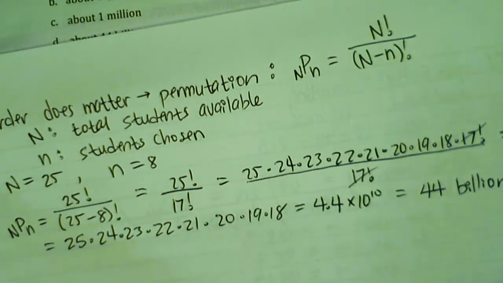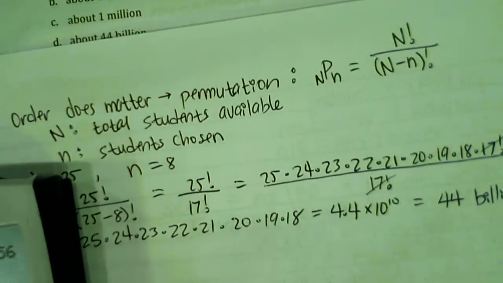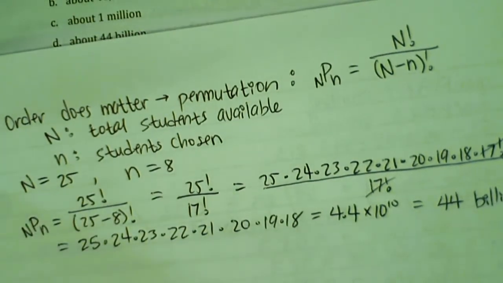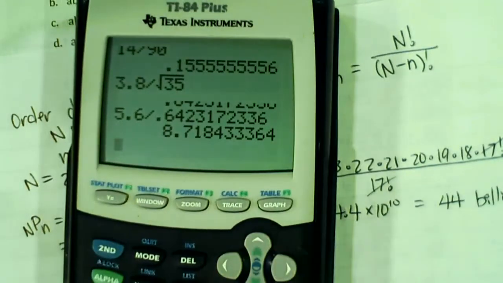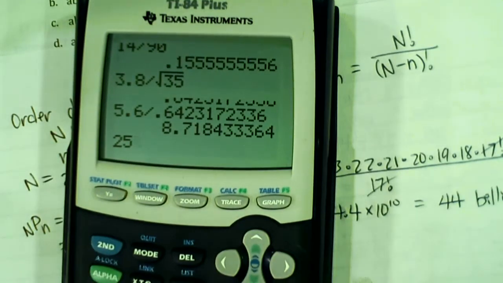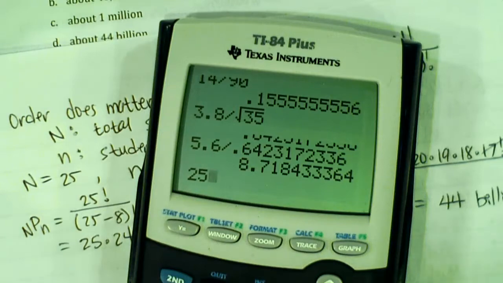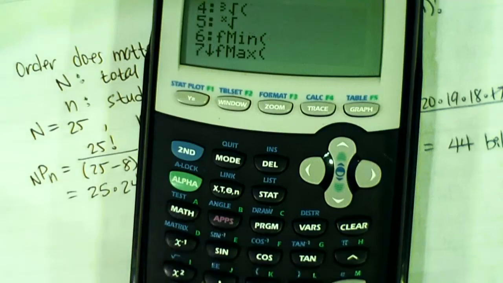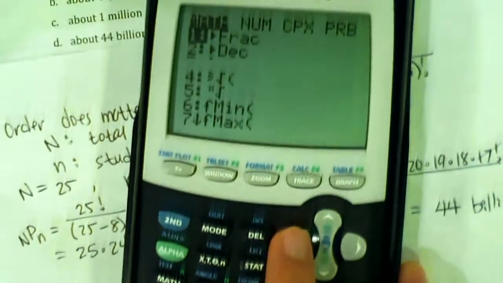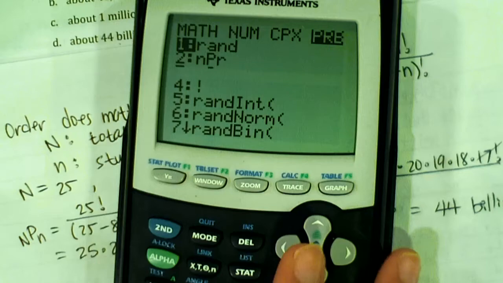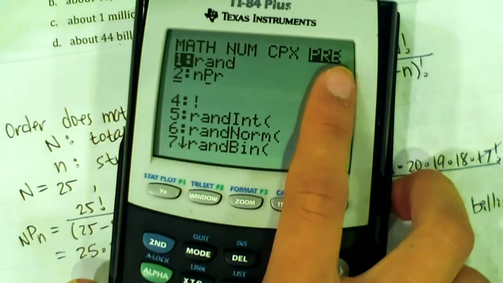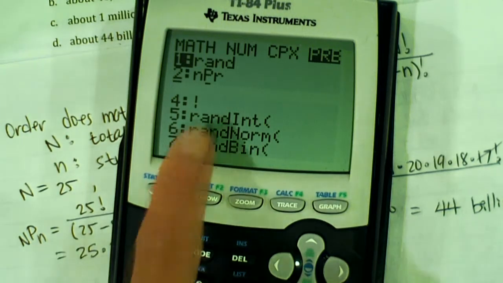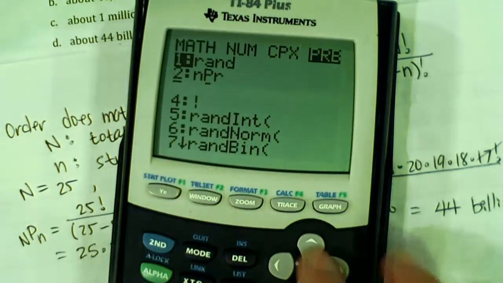So for permutations, you would put whatever big N is. So here you would do 25, and then you hit math, right here, and then you click the left arrow so that you're highlighting PRB, and then you click the number 2 so that you click the nPr.